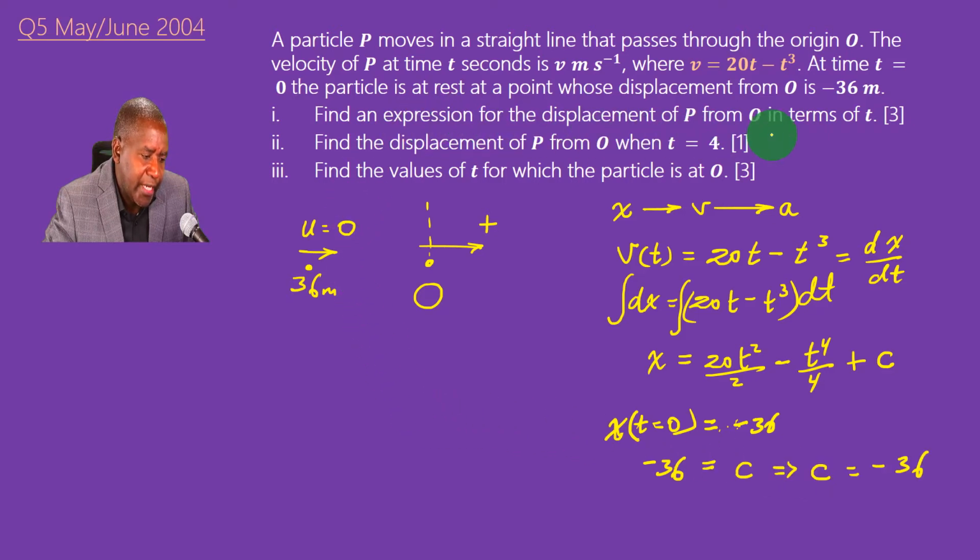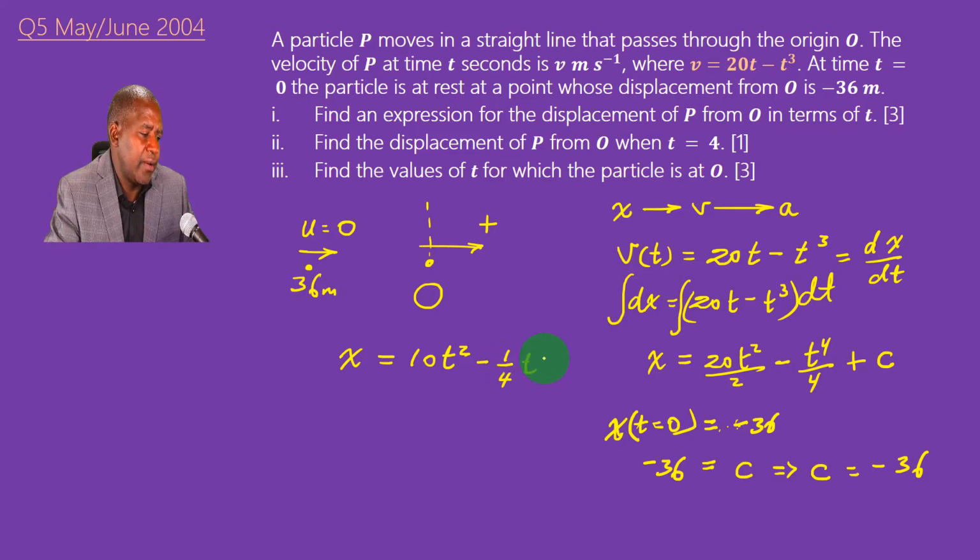And the expression for the displacement of P from O in terms of t is x is going to be equal to 10t squared, minus a quarter t raised to power 4, minus 36.